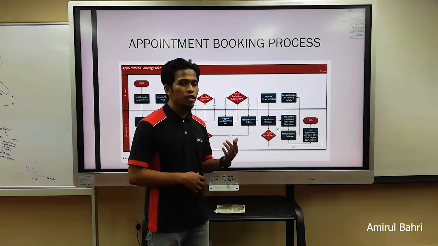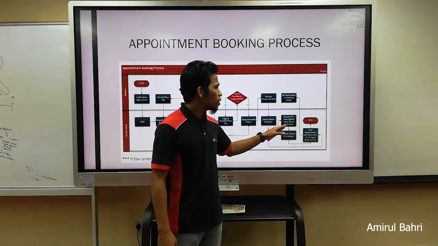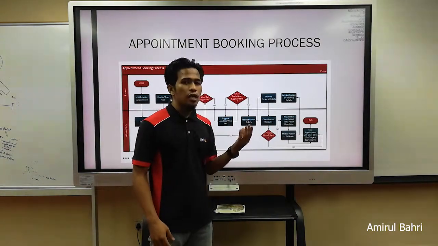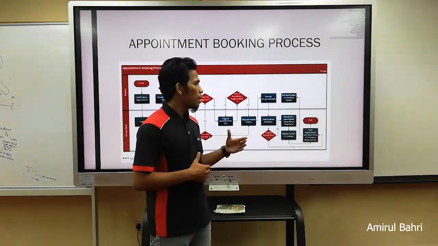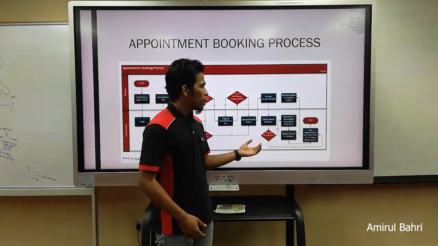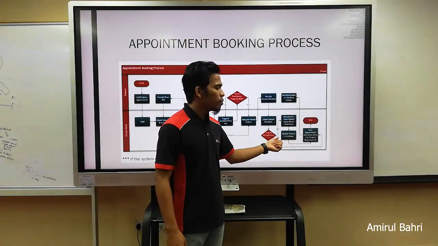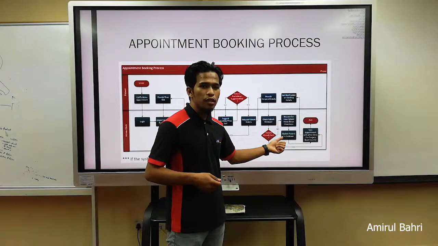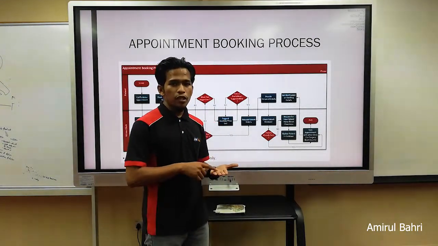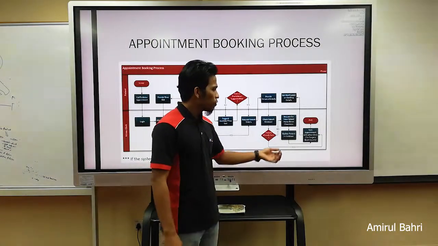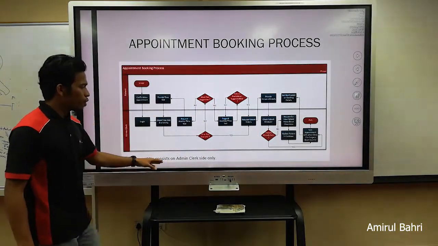But if the patient is not in the database, the admin clerk will request a survey on how the patient knows about Clear Vision, and then add the new patient into the patient database. After that, the process will end. So this is all from the admin clerk side.